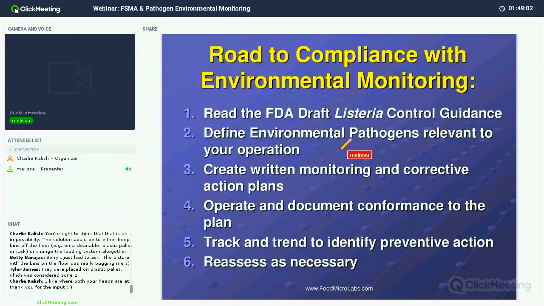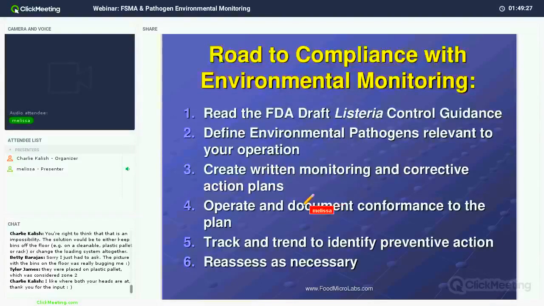The things I would leave you with and suggest is, I would again suggest reading the Listeria draft guidance. Go to work defining your environmental pathogens relative to your operation. What FDA has said is that, regardless of what type of food, it would be Listeria, and if it's a low moisture food, it's going to be Salmonella as well.